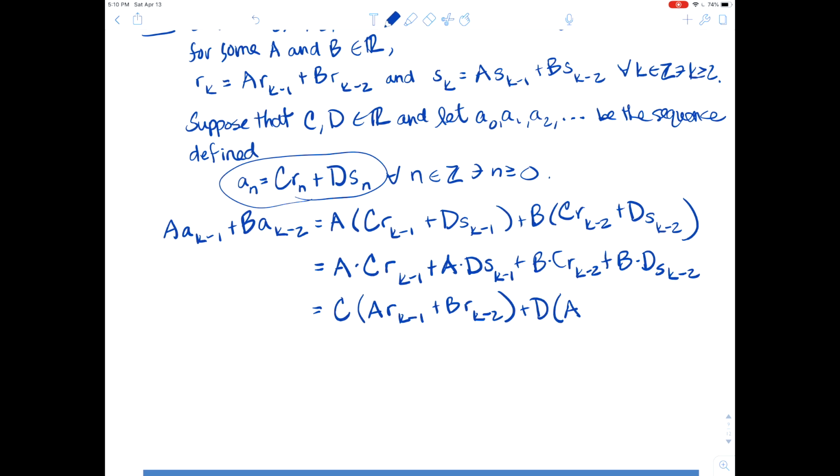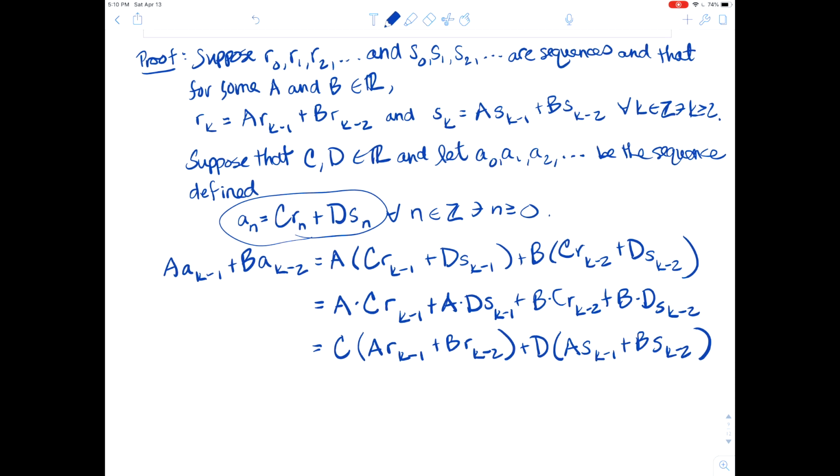So we would get A times S sub k minus 1 plus B times S sub k minus 2. But what are these? Isn't R sub k equal to this?